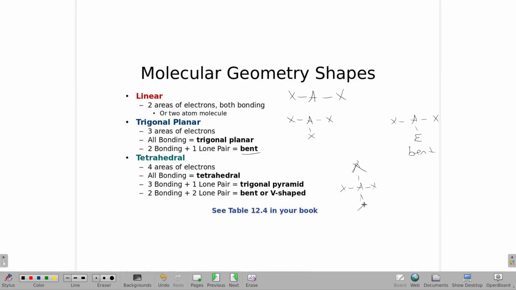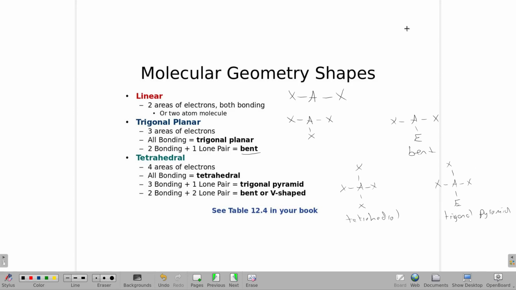Ooh, I hit my coffee cup. This one's tetrahedral. Three groups, E for the electron pair. That was the trigonal pyramid.